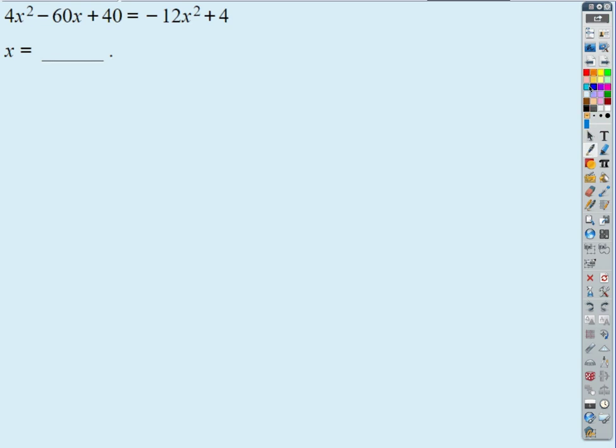So if I'm going to push everything over to the left side where I get a positive number of x squareds, everybody agree? Okay. So how many x squareds am I going to get? 16. Okay, and I've got a negative 60x, and if I subtract 4, I get 36. That's all equal to 0, right?